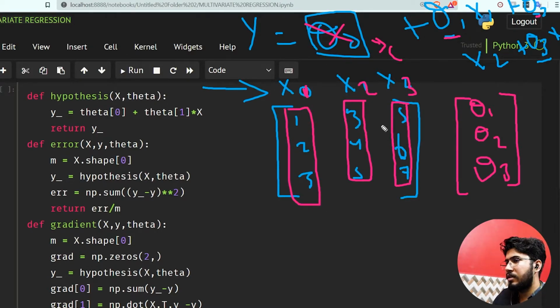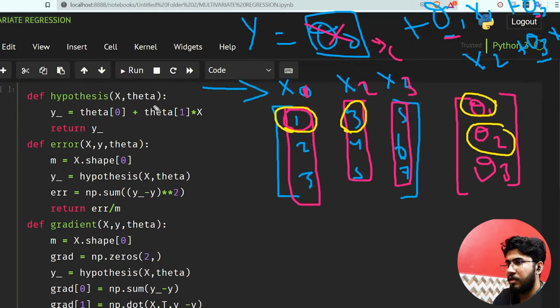Now let's try to multiply them. It will multiply this with this, then this with this, then this with this, and it is going to add them.